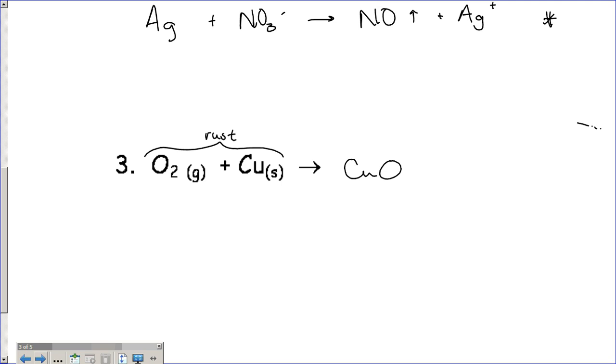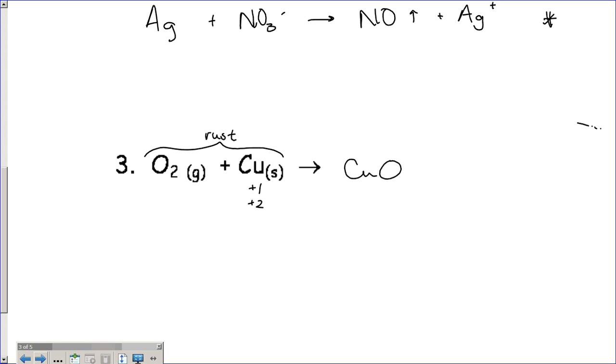Now copper can form a 1+ or a 2+ oxidation state. If you have to choose, you should always choose the highest oxidation state for the multivalent metal. If you look on the back of your list of common polyatomic ions, I put on there the common oxidation states for the multivalent metals.